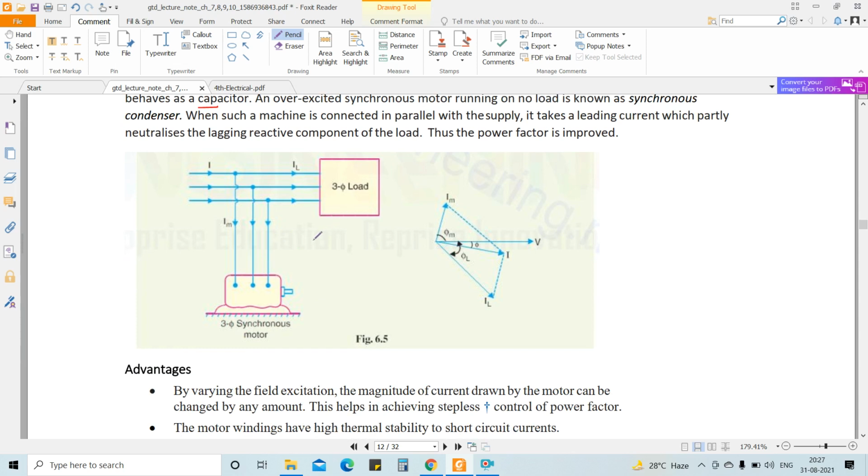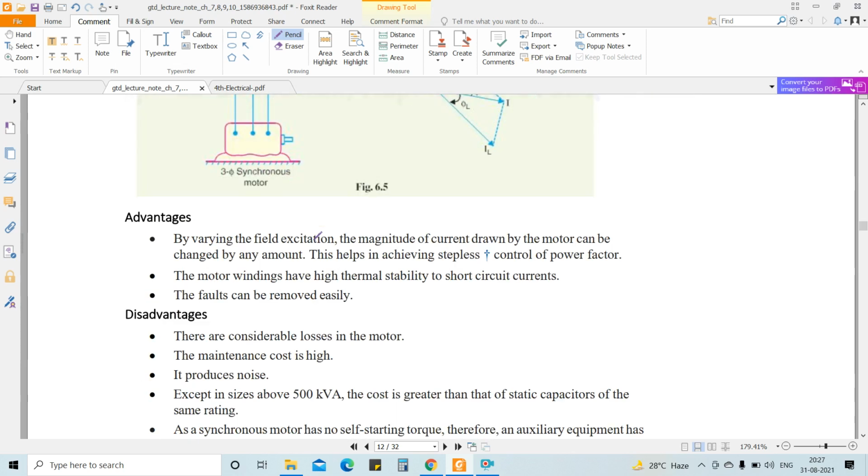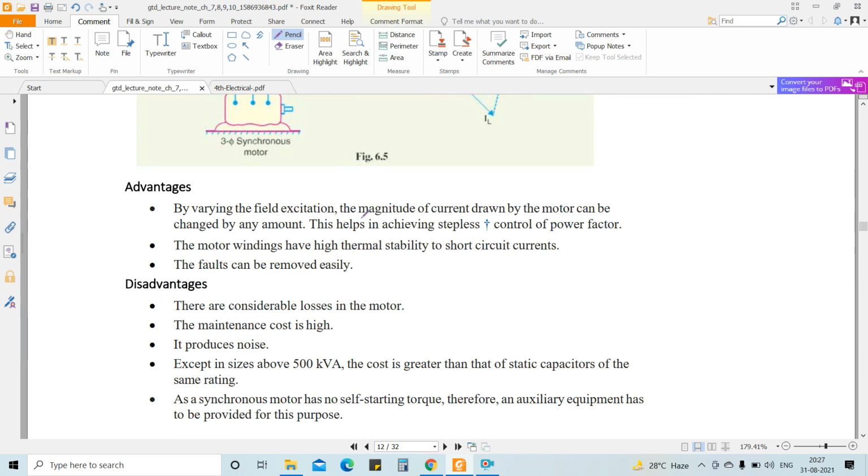Okay. So this is the connection of a three-phase synchronous motor with the three-phase load. These are its advantages and disadvantages. Advantages are, by varying the field excitation, the magnitude of current drawn by the motor can be changed by any amount, and this helps in control of power factor. The motor windings have high thermal stability to short circuit current, and the fault can be removed easily.